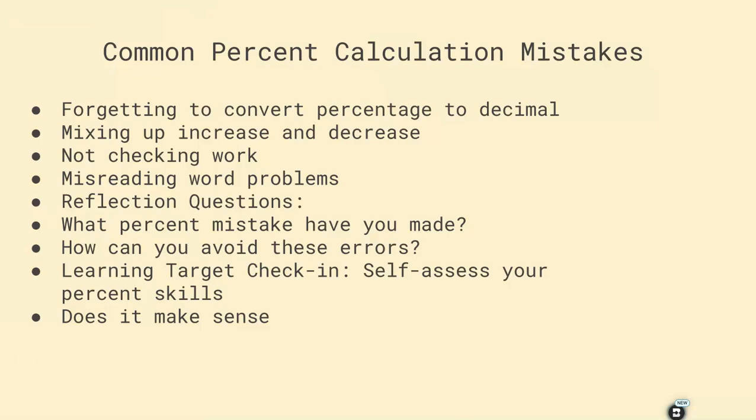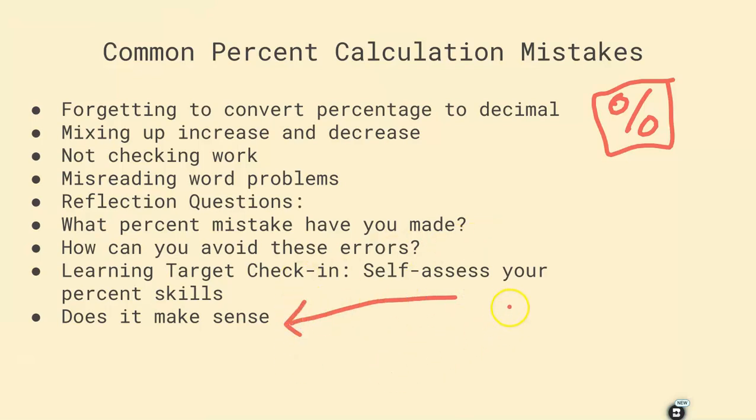Here are some mistakes. Forgetting to convert the percent to a decimal or using the percent key on your calculator. That's the number one problem I see in work. Mixing up increase and decrease, not checking your work, misreading word problems. Here's the number one reason I say, does it make sense?